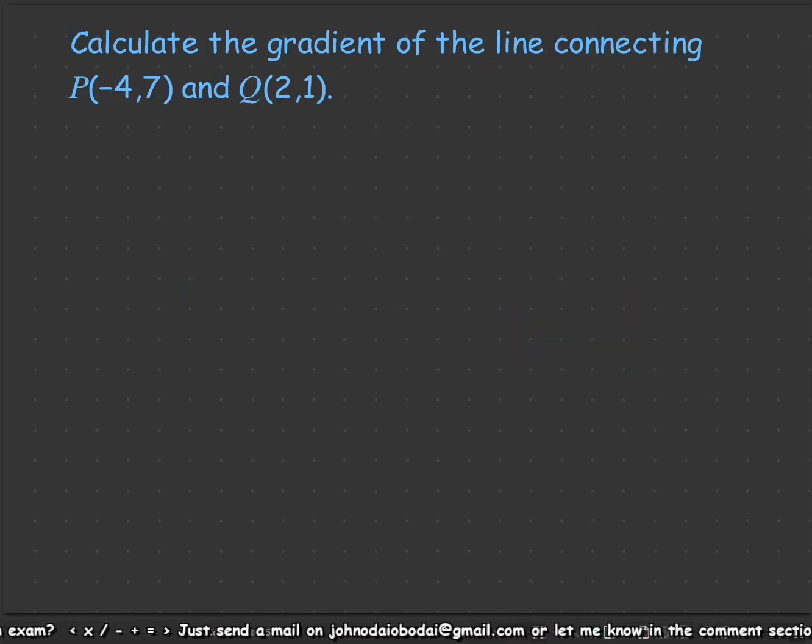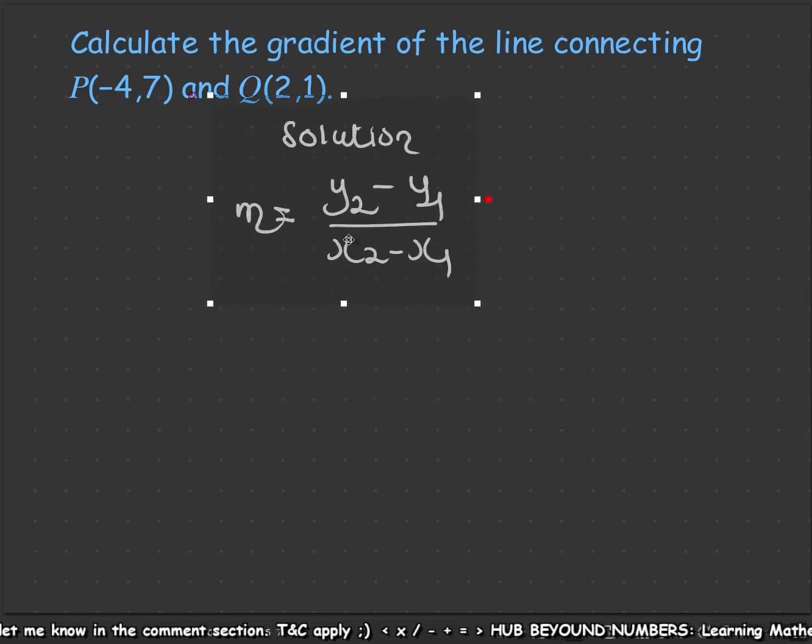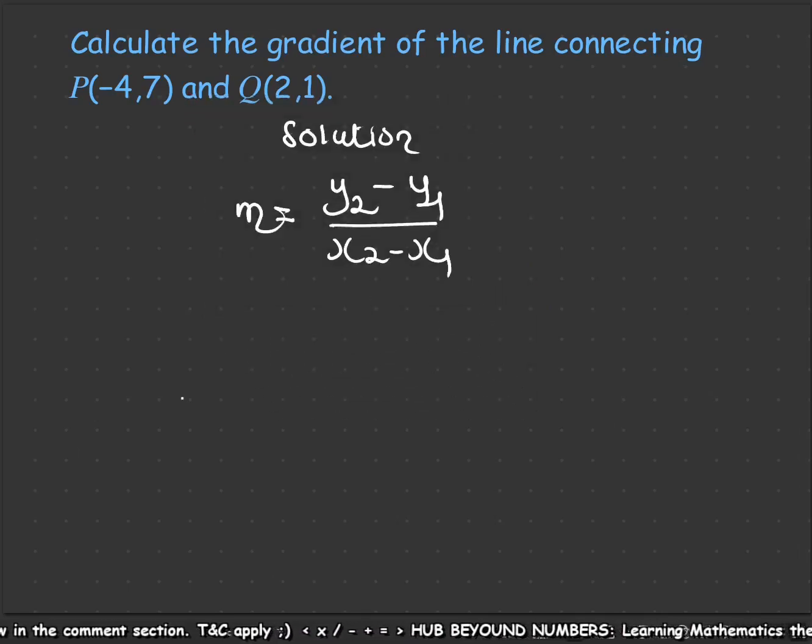So for this second question here, it says you have to calculate the gradient of the line connecting P, which has coordinate -4, 7, and then Q, which has coordinate 2 and then 1. So our solution, the formula still remains the same.